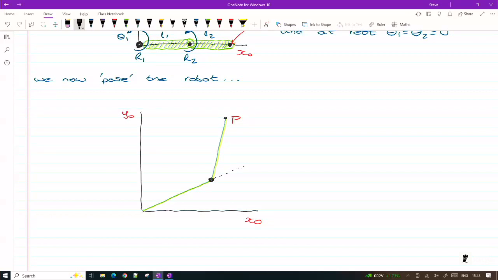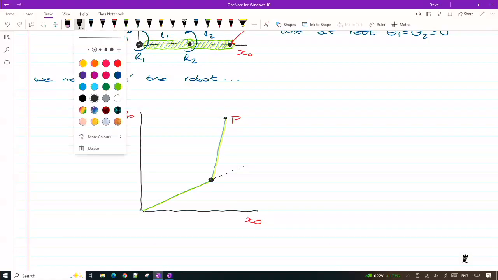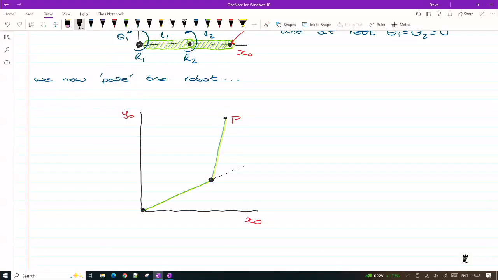Okay, so we've positioned our robot such that we've instructed it to set our first joint to an angle of positive theta 1, and then the second joint to be at an angle of theta 2.